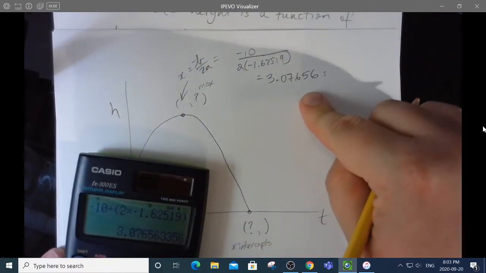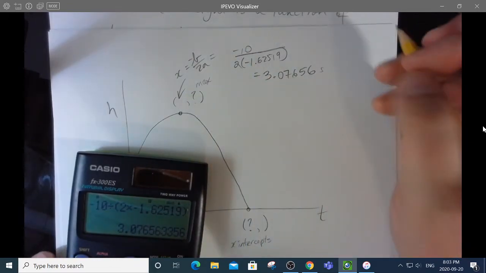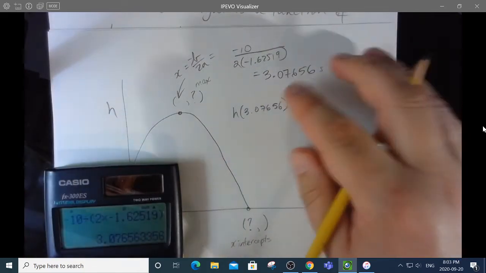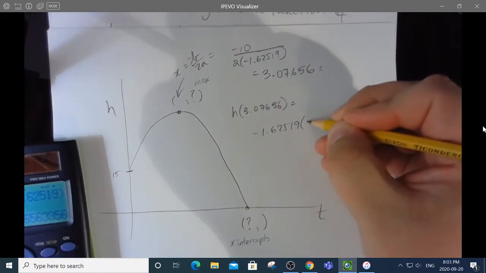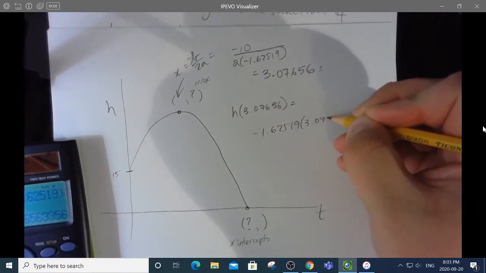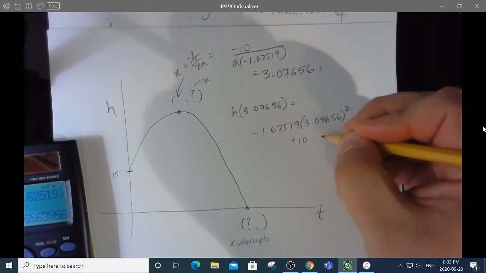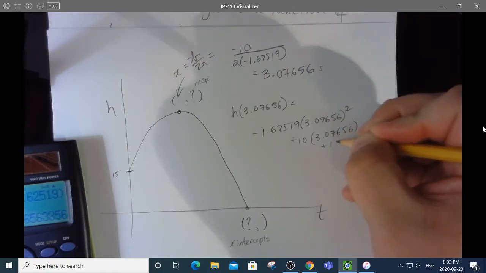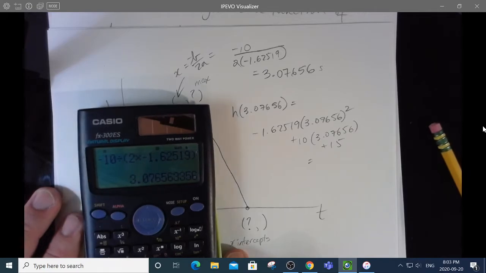And then to figure out what this is in terms of its y coordinate, I'm going to have to find h of 3.07656, which means I have to plug that into the formula. So it's going to be negative 1.62519 times t, which we just found out is this rather ugly decimal, squared, plus 10 times t plus 15. Luckily I have an answer button. That makes the button punching a little more palatable here.